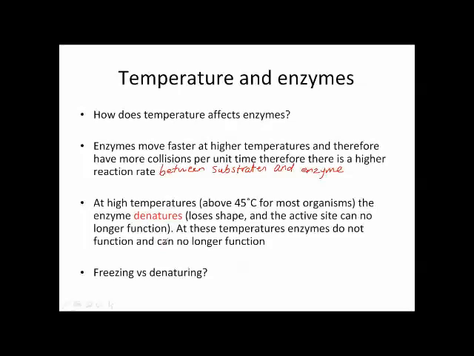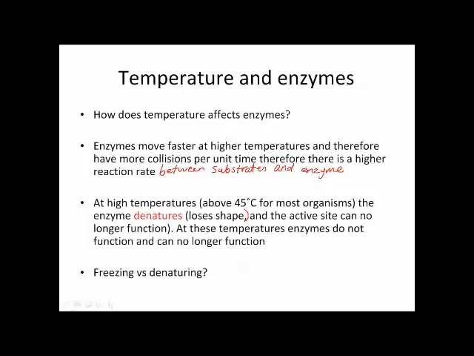So the other concept is, at high temperatures, above 45 degrees, for most organisms, the enzymes denature. So enzymes denature. They lose shape and the active site. So denatures means it loses shape.